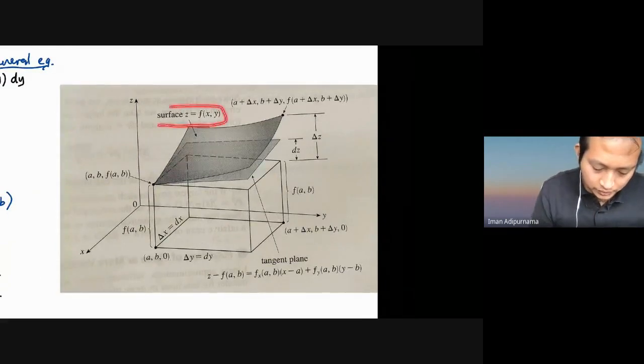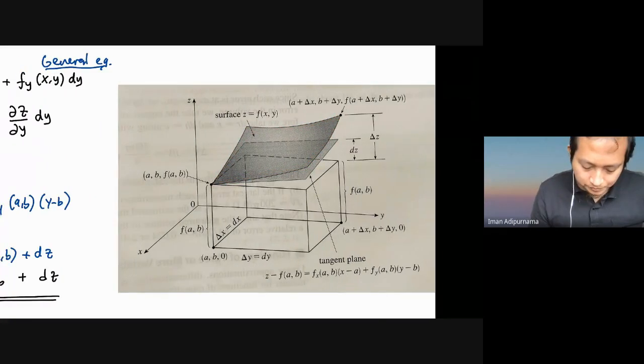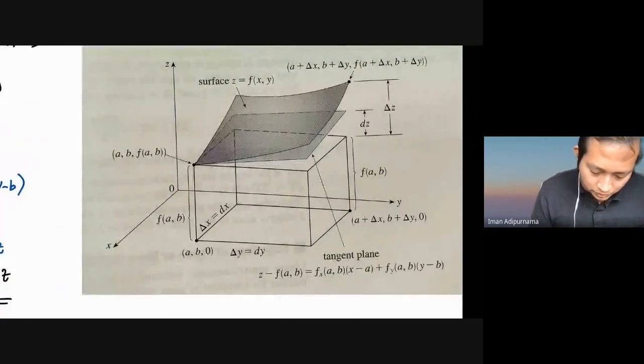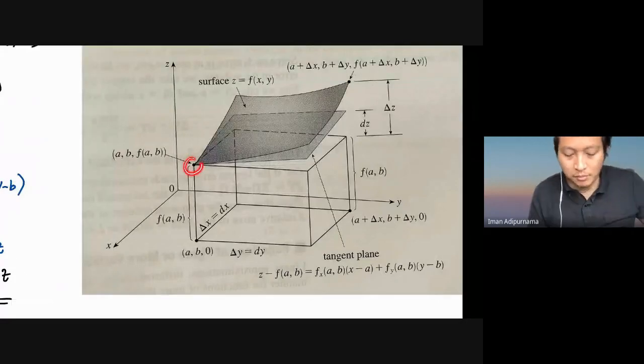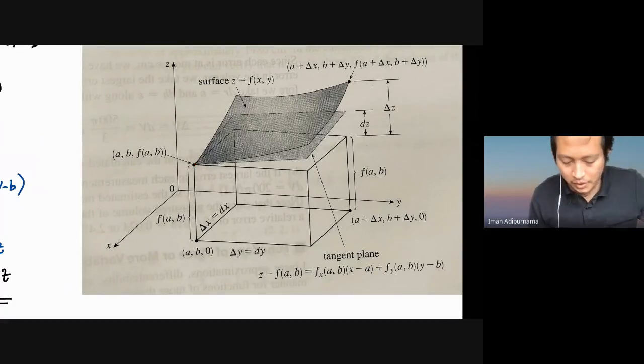This is the surface, and this is your (a, b). So this coordinate is a, b, and this is z, the function of (a, b).